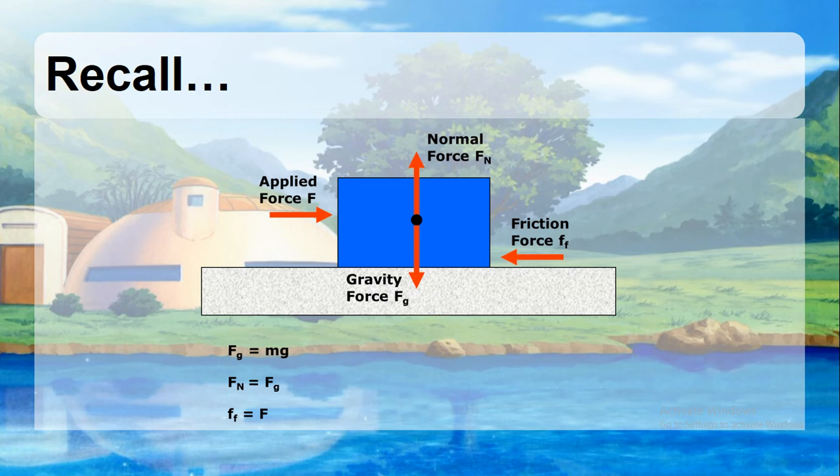Our formula: the gravitational force is equal to mg, or mass times the pull of gravity, and then the friction force is equal to your applied force.